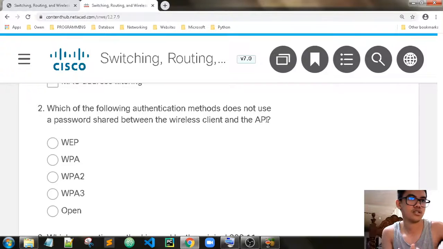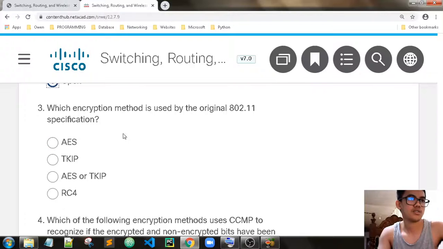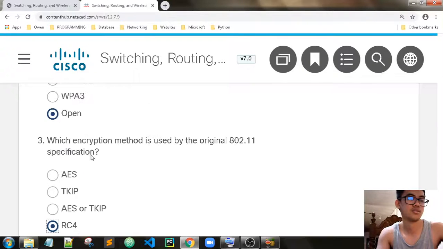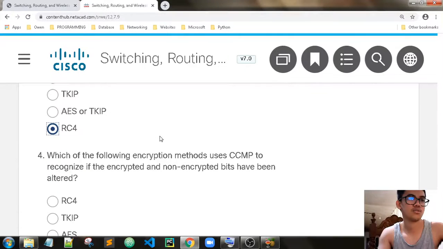Does not use a password shared. We have open, because it's open, it does not need a password. What encryption method is used by the original 802.11 specification? We have RC4 as far as I remember. RC4.